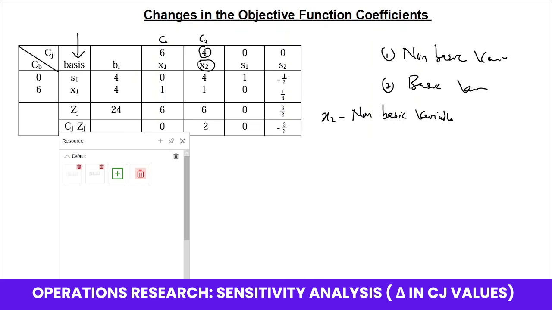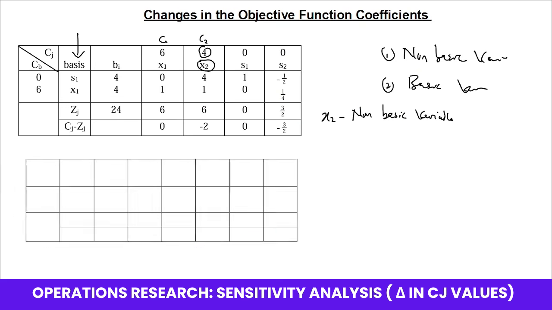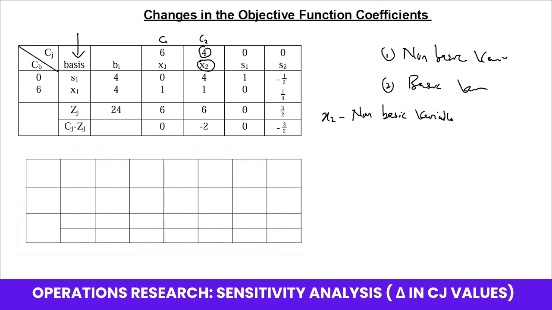So let's redraw our simplex table. Writing our values, this will be my basis, and then CB here, and CJ here. This BI, X1, X2, S1, S2, 0, 0.